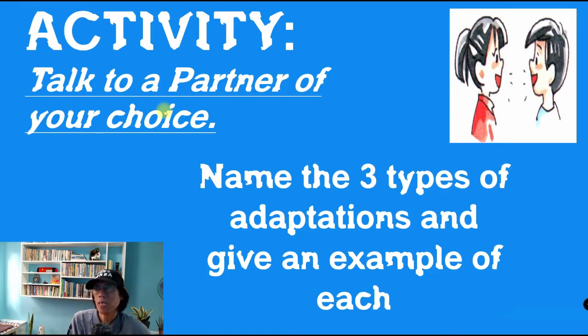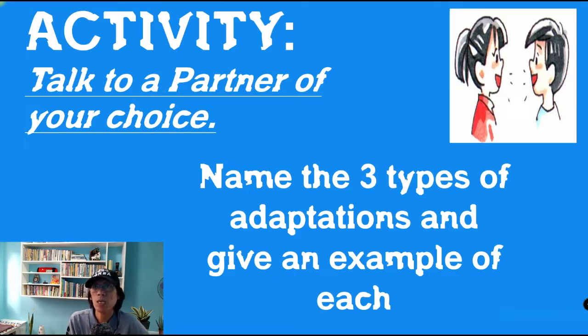Alright, okay. Activity time. So, I hope you now have a partner because this is what you need to do with your partner. Name the 3 types of adaptations and give an example of each. For this activity, I do not want you to give examples that are included in this presentation.